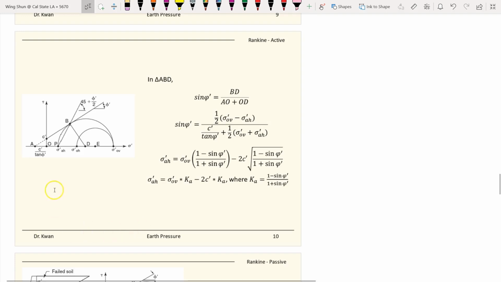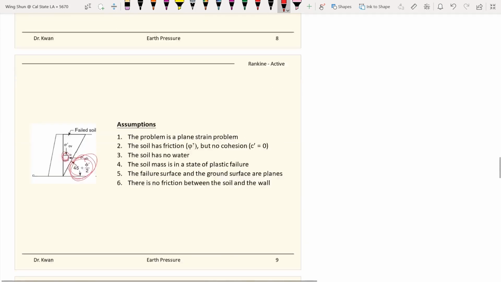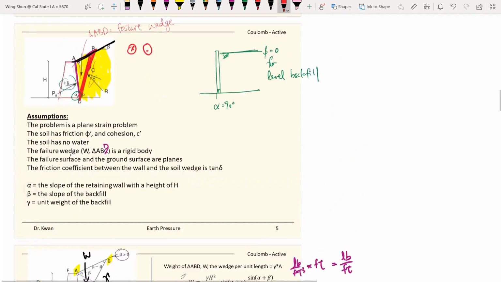So before everything starts, before you mobilize the soil in active conditions, this is your horizontal stress. Pretty much this is your sigma 3, and this is your sigma 1. And then you keep mobilizing the soils, because we know the active stress, remember we talked about this.